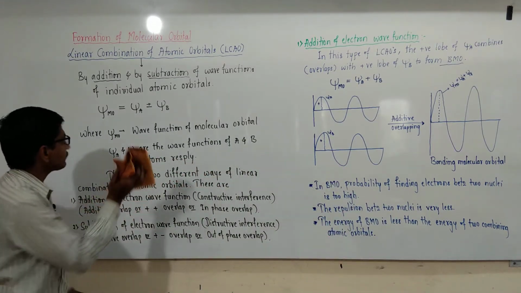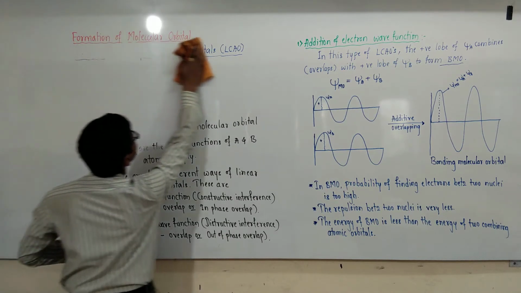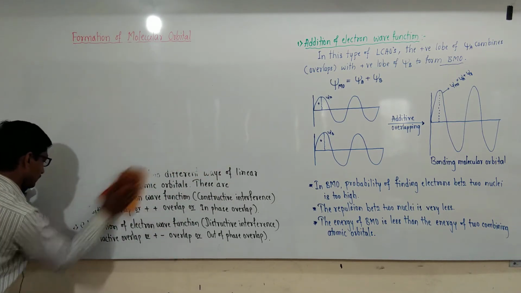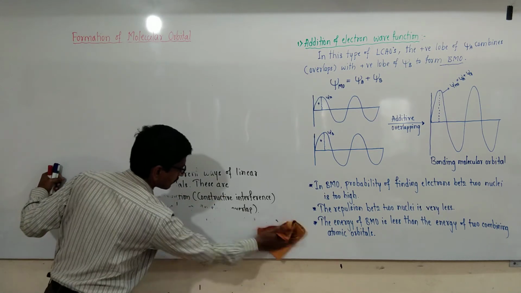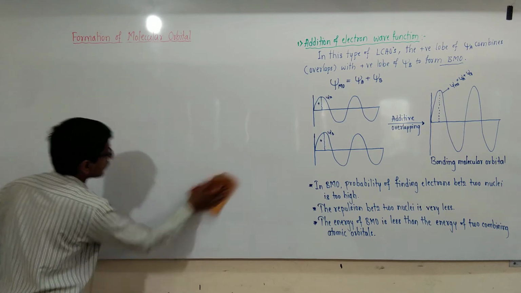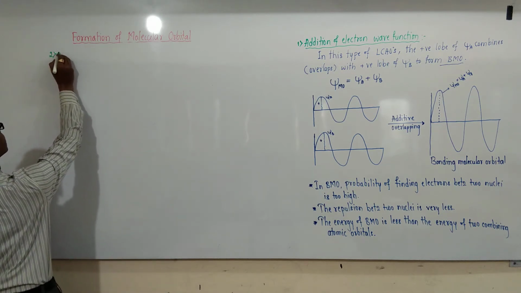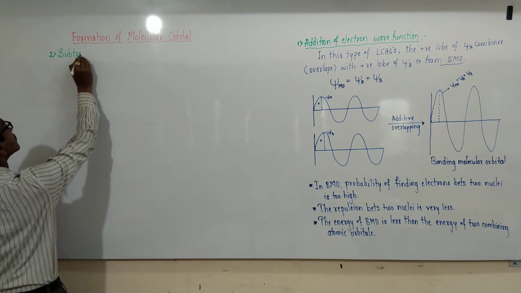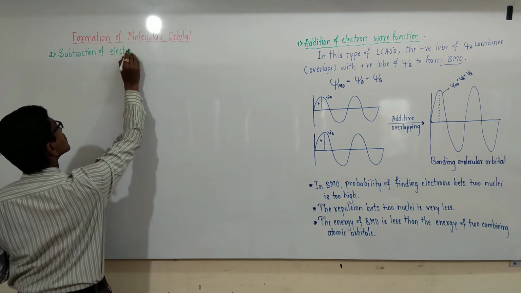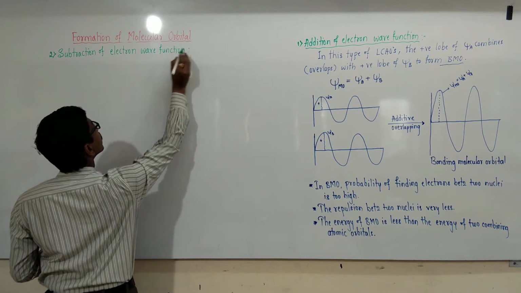Next, the second type of linear combination of atomic orbitals, that is subtraction of electron wave functions of atomic orbitals.